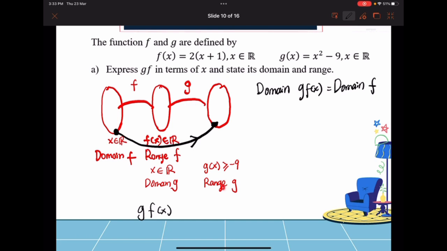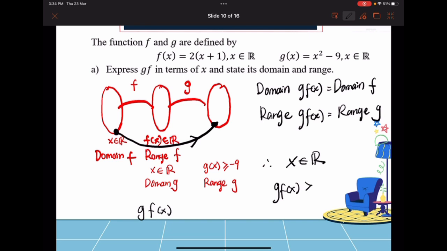How about the range of gf(x)? The range of gf(x) will be equivalent to the range of g. Hence, you will obtain the following result. The domain of f is written as x, which includes all real numbers. The range of g we have obtained, meaning the range of gf(x), is equivalent to the range of g. So this is the solution for A.